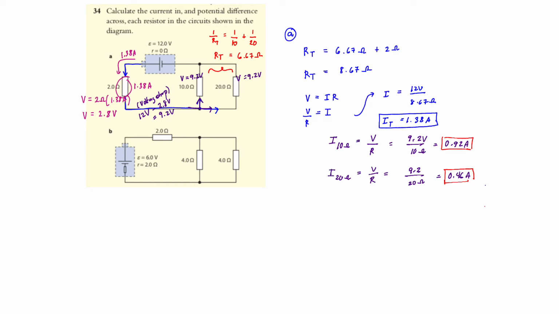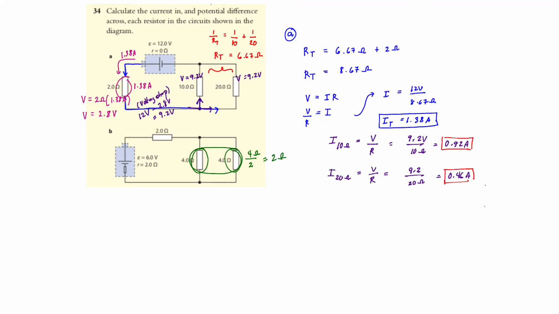Now next, let's consider the case wherein the battery has an internal resistance. You might want to think of this as a resistor. So here we're going to have 2 ohms. Computing now for the total resistance, this one is in parallel, so this would be 4 ohms over 2 resistors. So 4 ohms over 2, and the total of this resistance is 2 ohms.